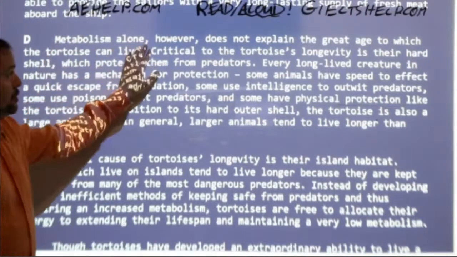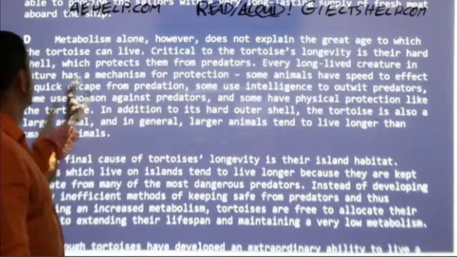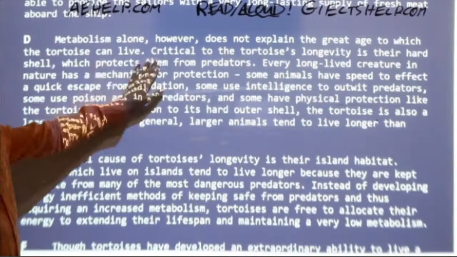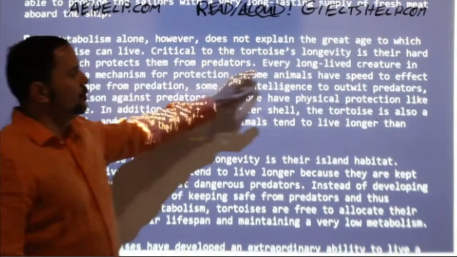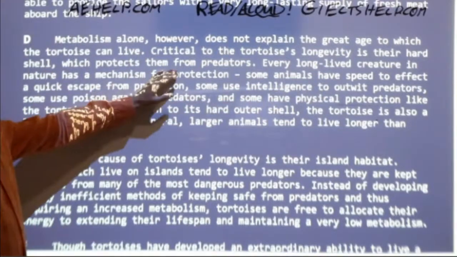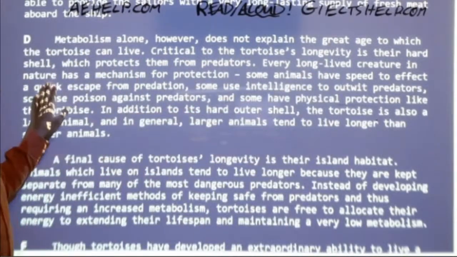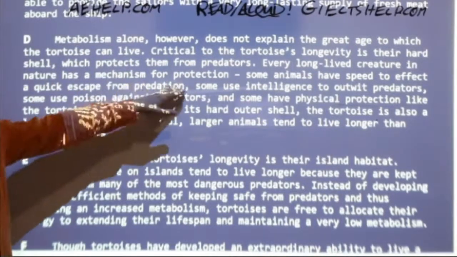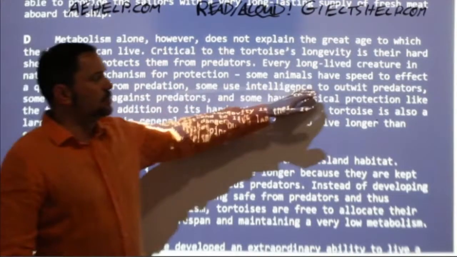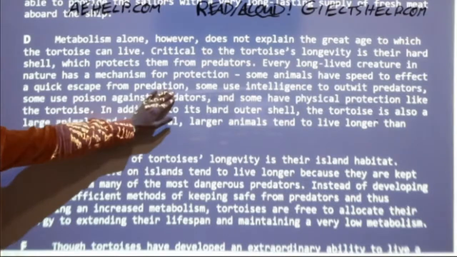Metabolism alone, however, does not explain the great age to which the tortoise can live. Critical to the tortoise's longevity is their hard shell, which protects them from predators. Every long-lived creature in nature has a mechanism for protection. Some animals have speed to the effect of a quick escape from predation.